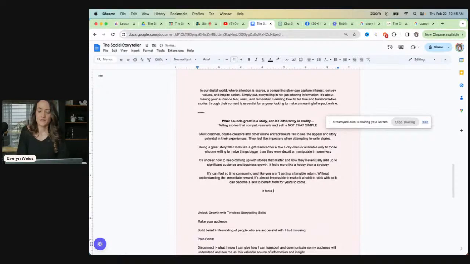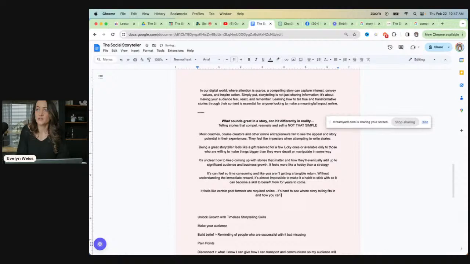It feels like certain post formats are required online. It's hard to see where storytelling fits in and how you can stay up to date with trends while utilizing it.